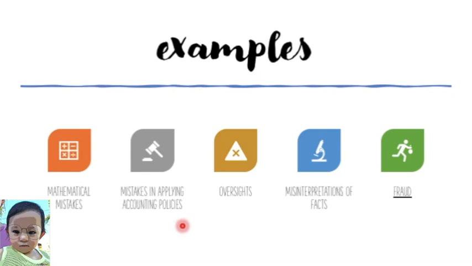If you have been applying a certain policy and change it because of a requirement of another IFRS, that is change in accounting policy. You also have oversights, misinterpretation of facts, and fraud, of course. So this is not exclusive, it includes other items as well, like sliding error, transposition error, and the like.